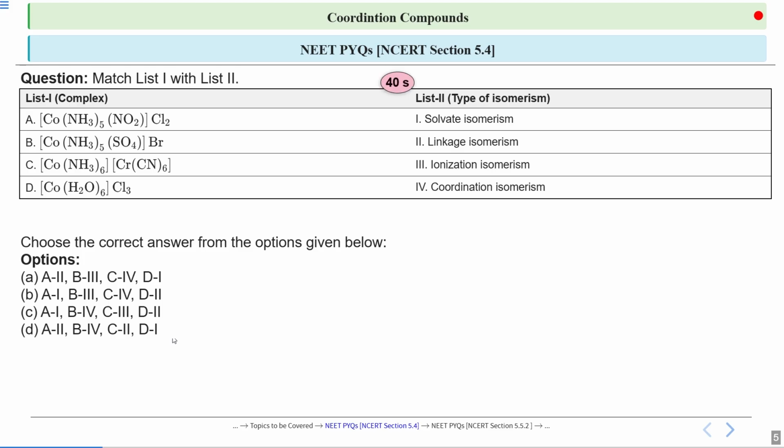So you have been given some time. Try to remember the concepts we have covered regarding the different isomerism shown by coordination compounds. Using that, you can clearly solve this question.